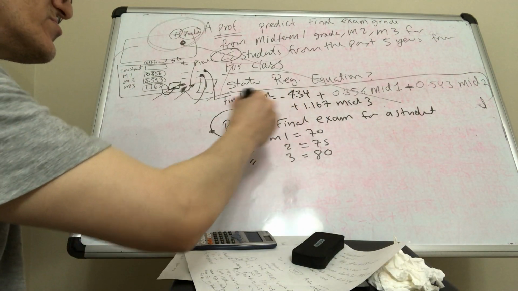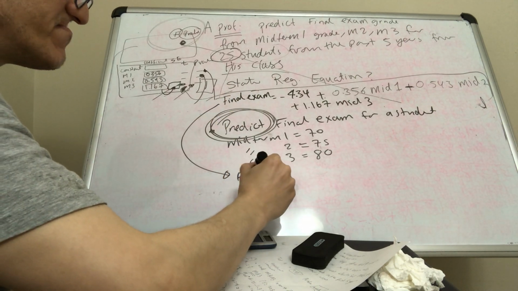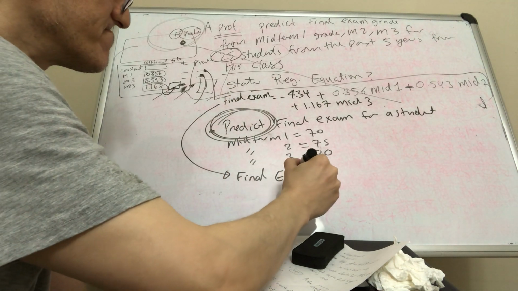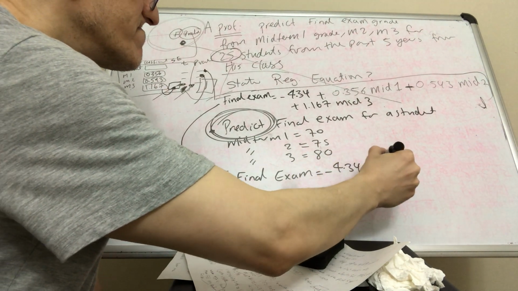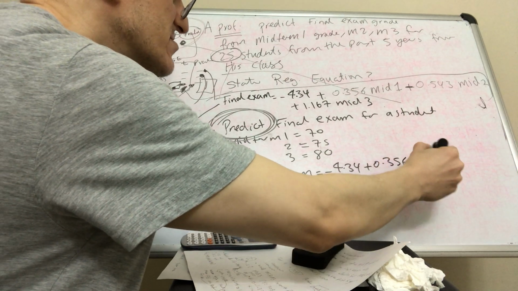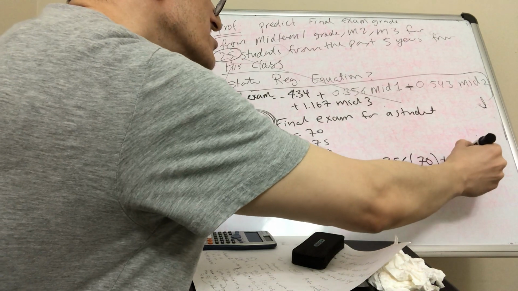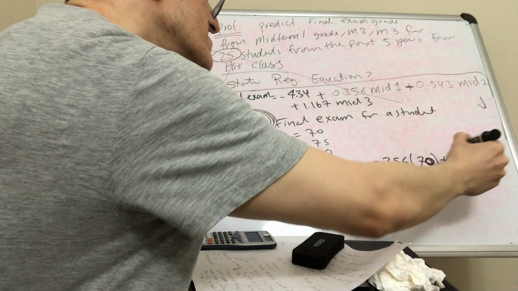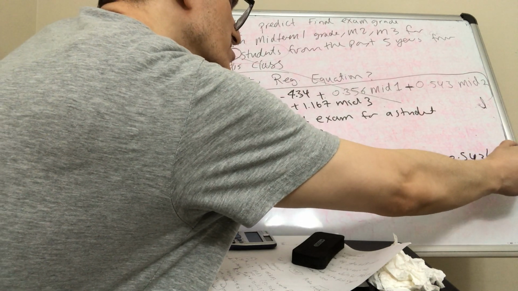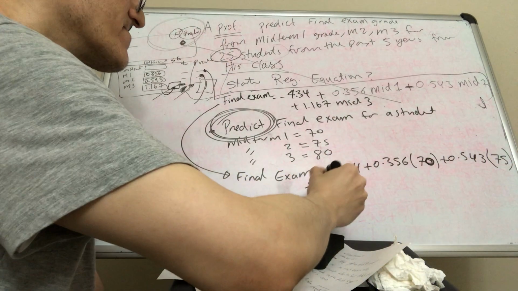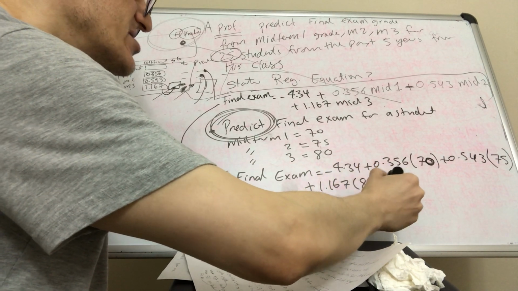Since they want you to predict, you put it in the equation. Final exam equals the intercept, and for midterm 1 you plug 70, for midterm 2 you plug 75, and for midterm 3 you put 80.